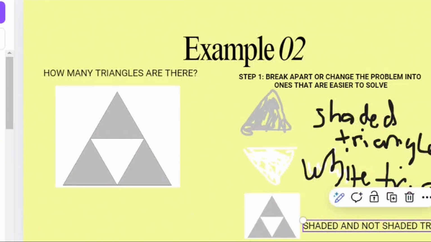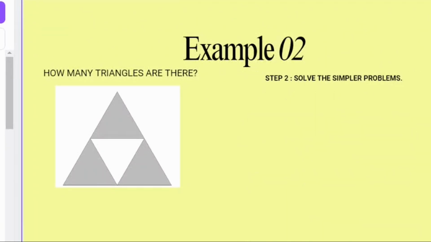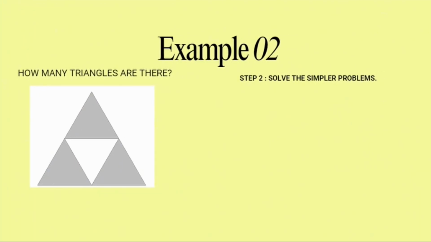Okay. So next, solve the simpler problems. How many are shaded? 1, 2, 3.